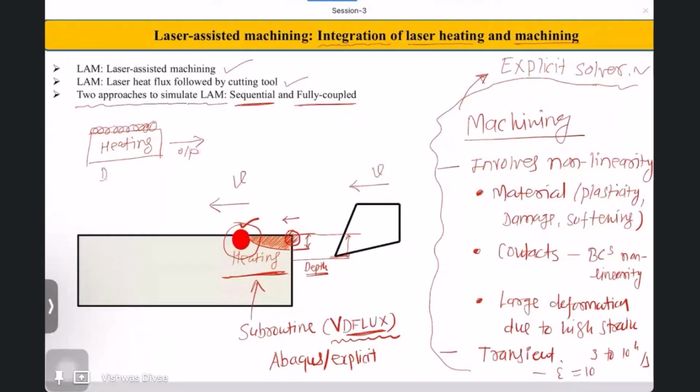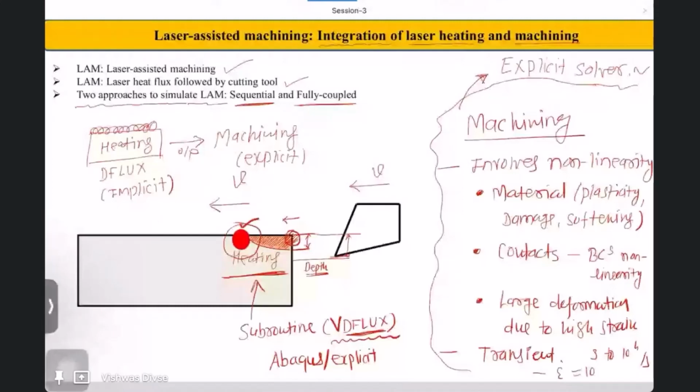Doing this, many times we lose some of the boundary conditions or convection.